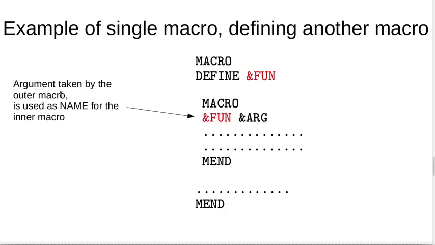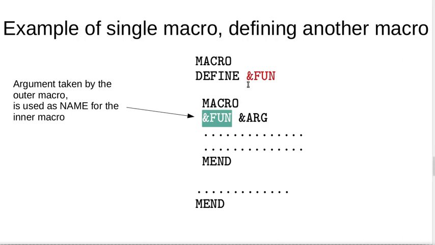So the argument taken by the outer macro is taken as the name for the inner macro. Again, ampersand fun, which was an argument for the outer macro, is here a name for the inner macro, and the inner macro can also make use of other arguments for itself, right? Now in this case, ampersand fun is not an argument. For the inner macro, ampersand fun is supposed to be the name.